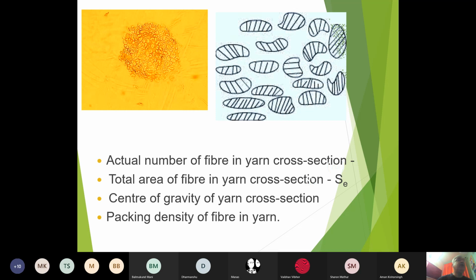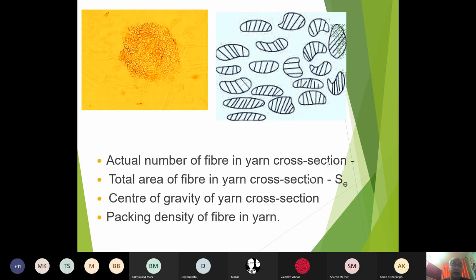The ratio of these two gives me the packing density of the yarn. So it means a cross section can give these four pieces of information. Okay.